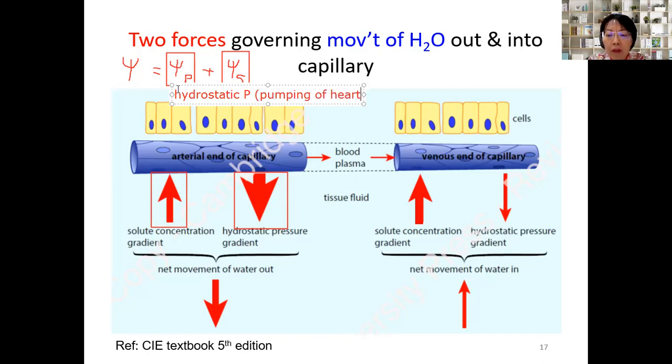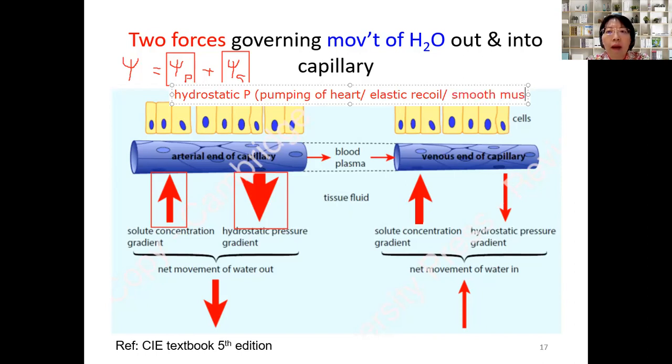Of course, other than pumping of the heart, there are other pressures that may also be generated due to elastic recoil of the elastic fiber, as well as the contraction of the smooth muscle.